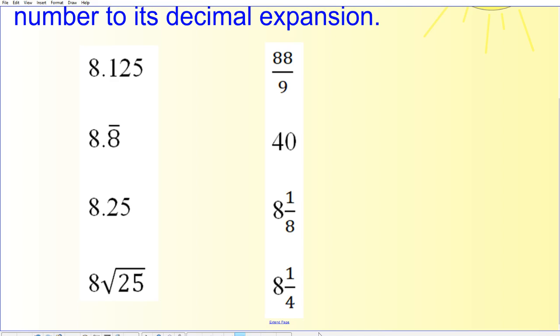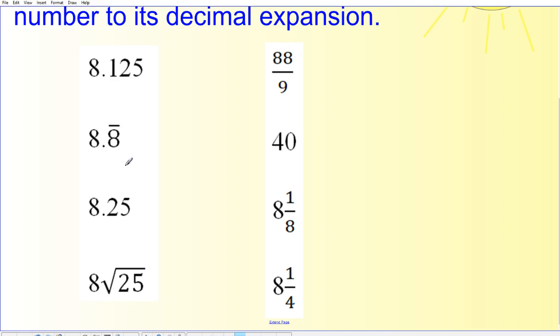Okay, so the first thing I would recommend you do is take all these things and change them into decimals. That's the easiest way to compare sets of mixed, ugly types of numbers. So I've got some decimals, I've got some fractions and mixed numbers and square roots. But if you change everything into a decimal, then everything looks alike.